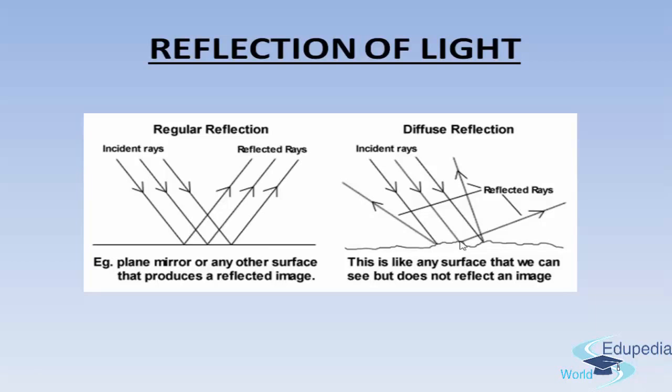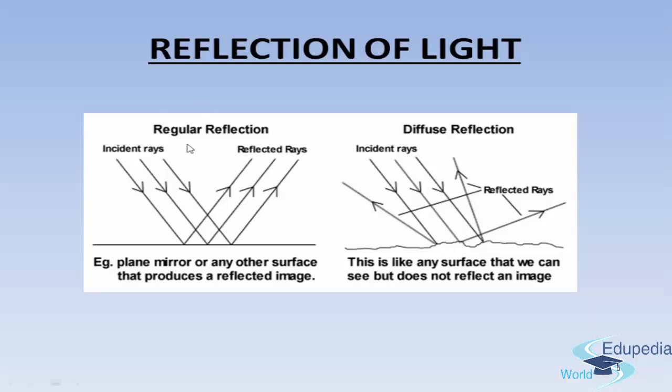Reflection will be there, laws of reflection will be satisfied, but the kind of image that we will be receiving on the other side will not be a clear, clean image, but it will be a diffused image because the reflected rays are not coming out evenly. That is why we call such a reflection a diffuse reflection.